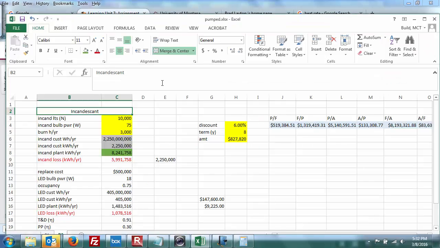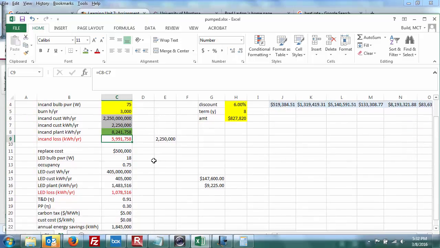D-E-S-C-E-N-T. Okay. I was off by one vowel. Incandescent. Perfect. Okay, so there's our losses, and this is kilowatt hours per year, lost as heat to the environment.